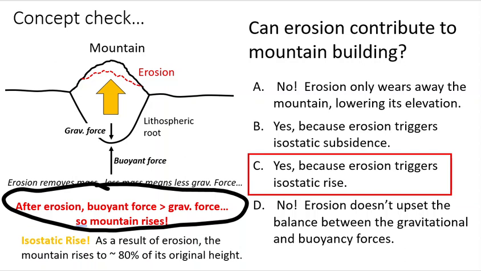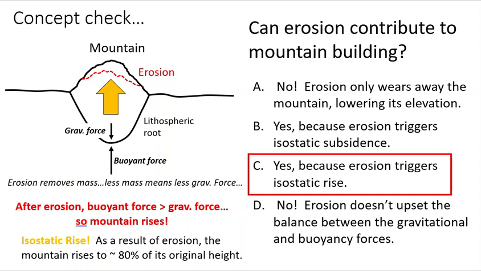And by the way, although the lithosphere will rise even as it's eroded, it almost never gets back up to its original height. In general, as a result of erosion, the mountain will rise up to about 80% of its original height. But the take-home message here is that, yes, in fact, erosion actually maintains mountains because it triggers isostatic rise. So yes, in some sense, erosion helps build mountains. That's the message here.